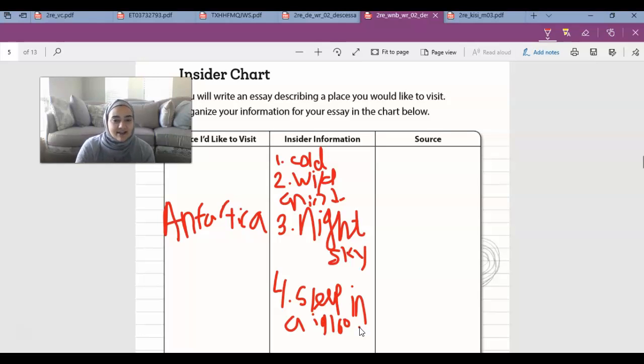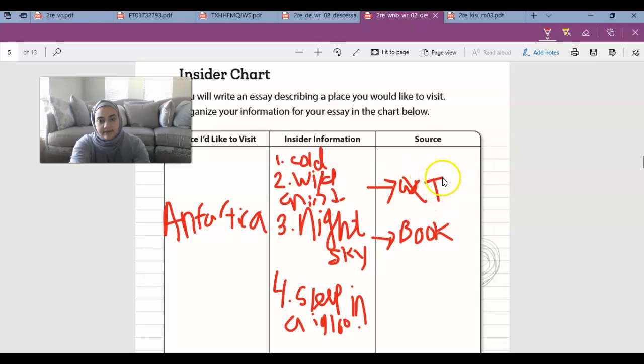Okay, and then here where it says sources, tell me where you've learned that. So I saw in a book once that the night sky is, so this one I read in a book. The wild animals, I saw that on TV on a documentary, that the wild animals live there. So I'm going to write TV.